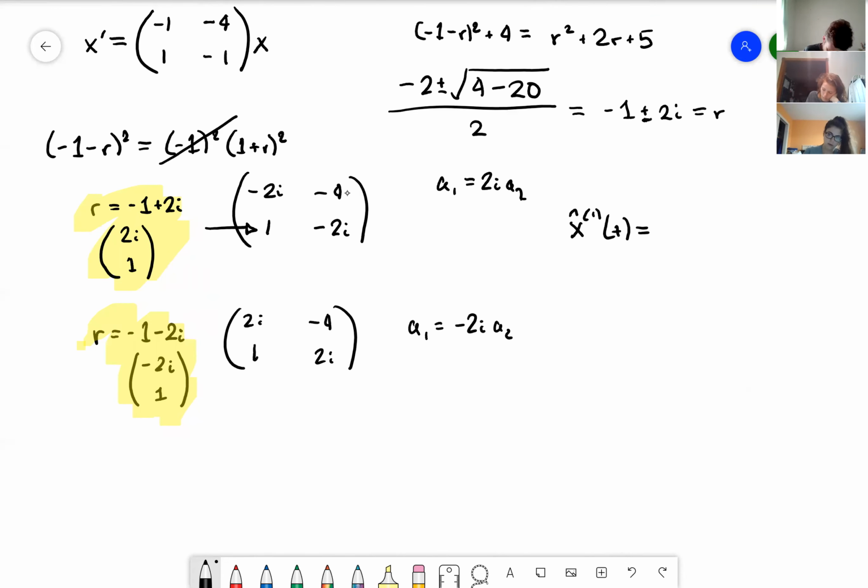So x hat 1 is equal to 2i, 1 e to the minus t cosine 2t plus i sine 2t, right? Sorry, minus i. I wrote minus i. I meant to write minus t.